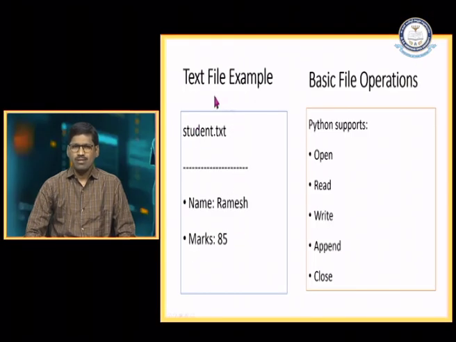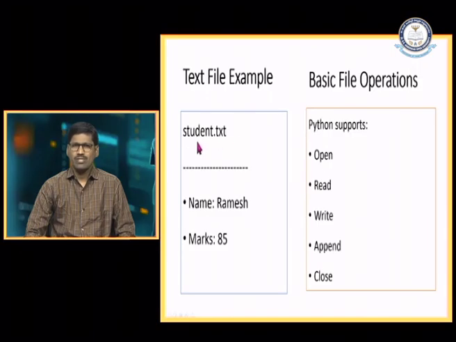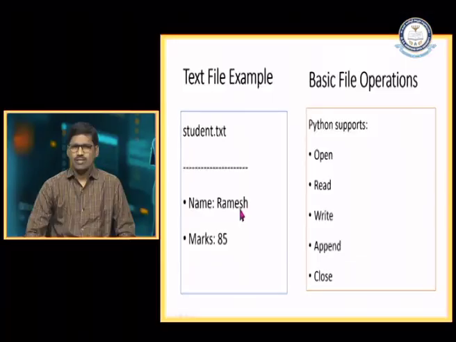Simple example, see this is a text file. Assume that the name of the text file is student.txt, a simple text file created with the help of Notepad. The extension is .txt. And assume that the content we have in that file is name Ramesh, marks 85. This is a simple example of a text file. And what type of operations can we do with the help of this text file?